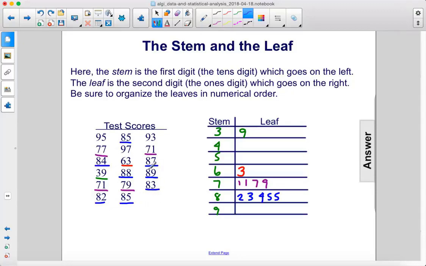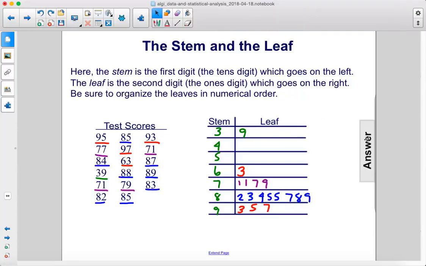There's no 86, but there is an 87, 88 and 89. And then for 9s, we have 95, 93, 97, and that is it. So the lowest one is 93, then 95, then 97.